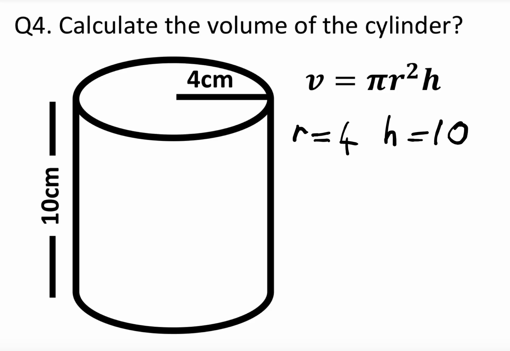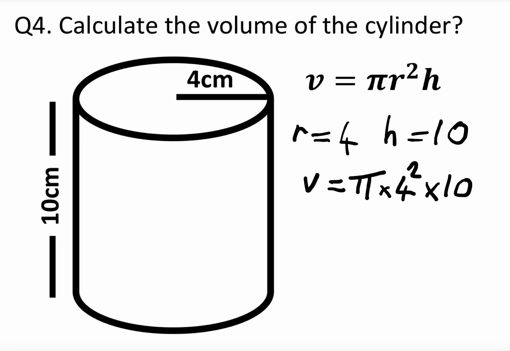And I've given you the formula here to calculate the volume. The volume equals pi r squared times the height. So if we substitute those values in, volume equals pi times 4 squared, times the height, which is 10.